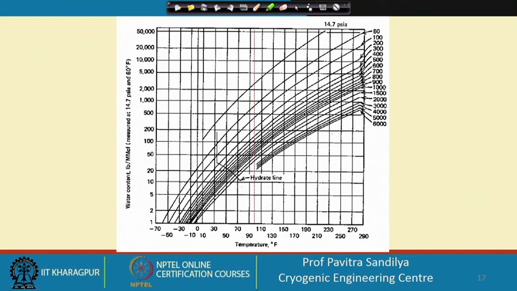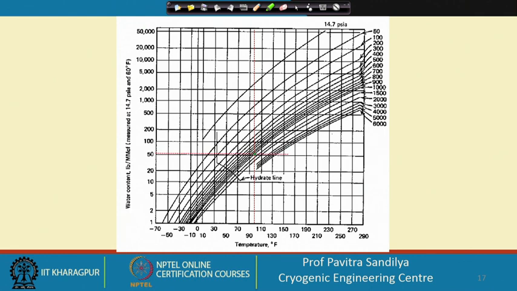Now according to our problem, we first put the 100 degrees Fahrenheit from this x-axis and make a vertical line to the given pressure of 1000 psig.